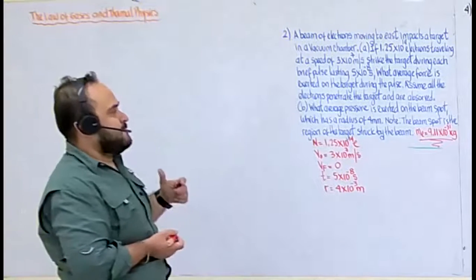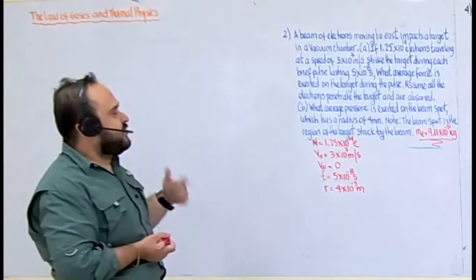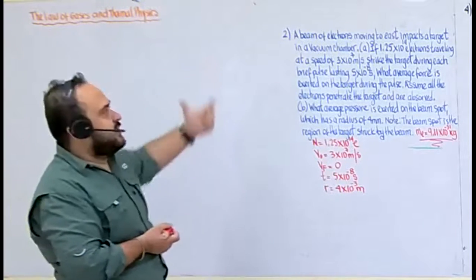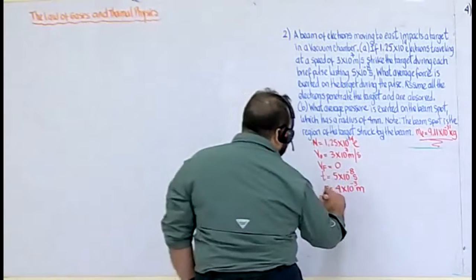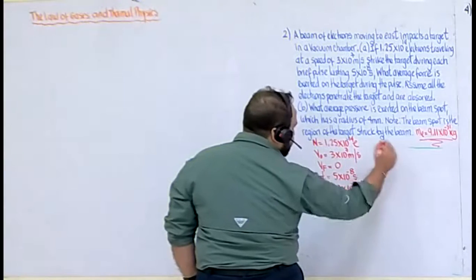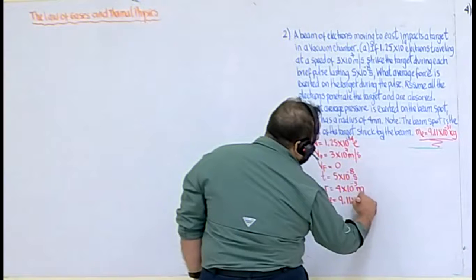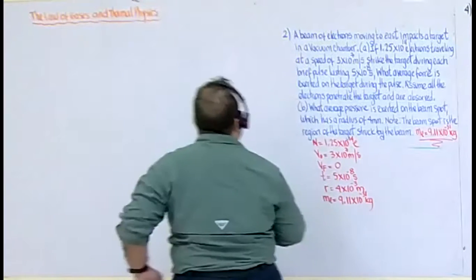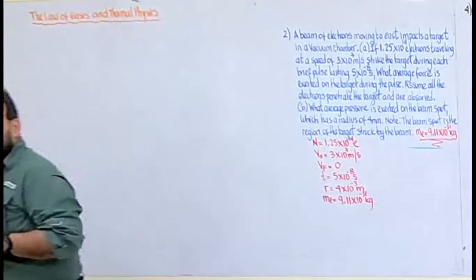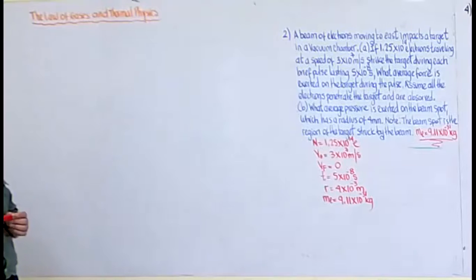Additional data. I don't know if you know that already. Well, you studied that in chemistry, sorry, protons, electrons, and neutrons, right? And the mass of the electron, if you didn't know that, is a constant value of 9.11 times 10 to the negative 31 kilograms. All right.